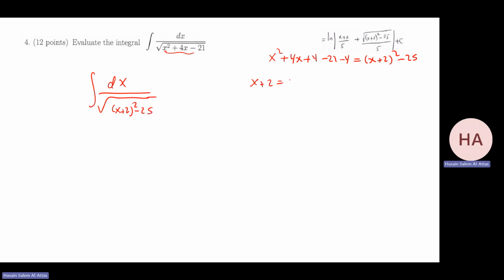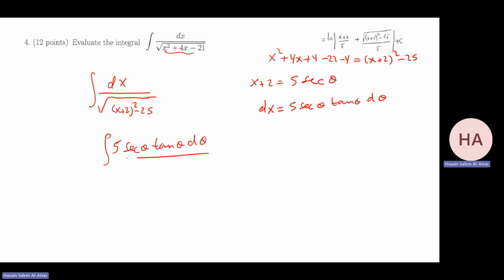So I have x plus 2 equal 5 secant theta. dx will be 5 secant tan d theta. Plug the numbers. I have 5 secant theta tan theta d theta. I plug this. I have 5 tan theta. Cancelled, cancelled, cancelled, cancelled. Integral of secant, which is then secant plus tan plus c.